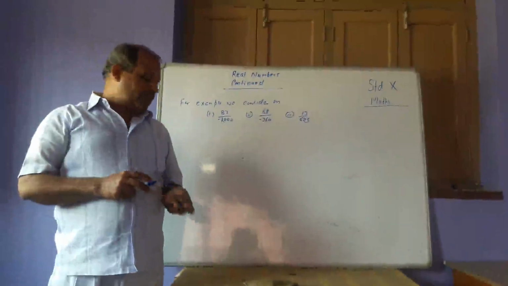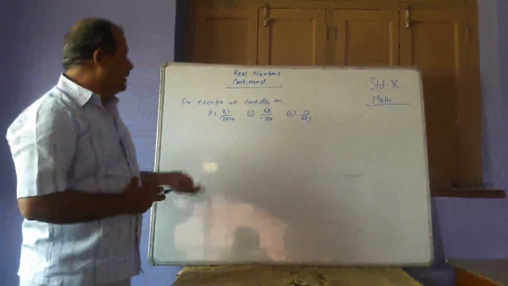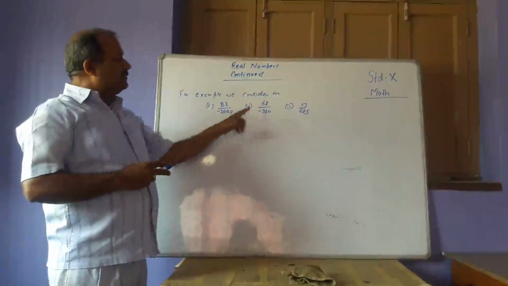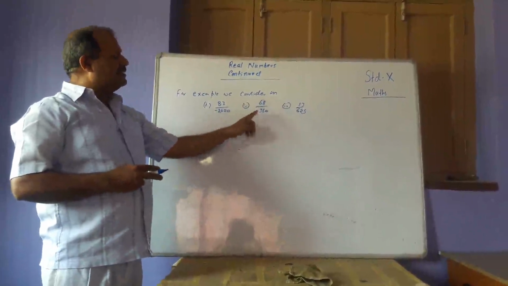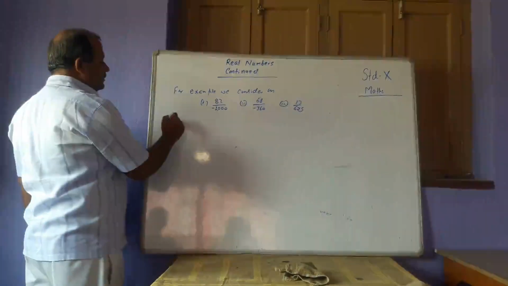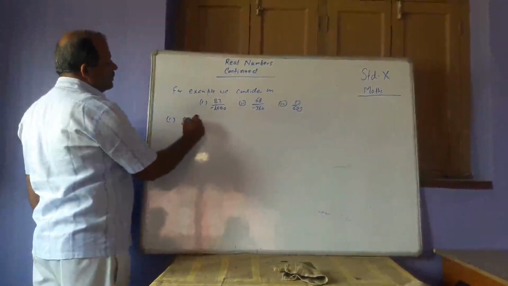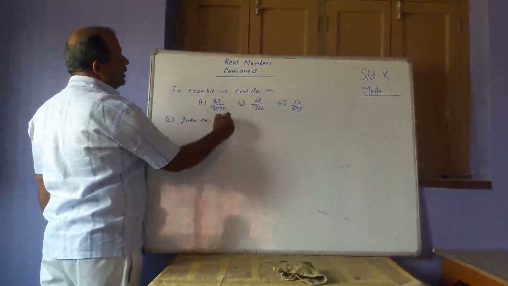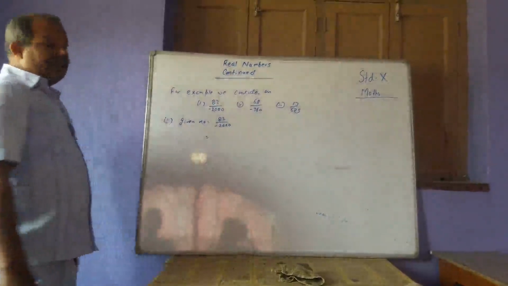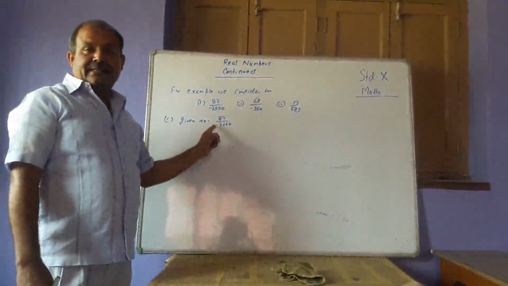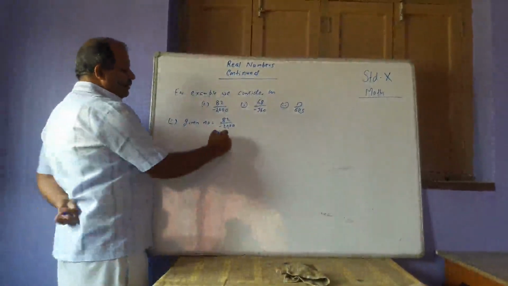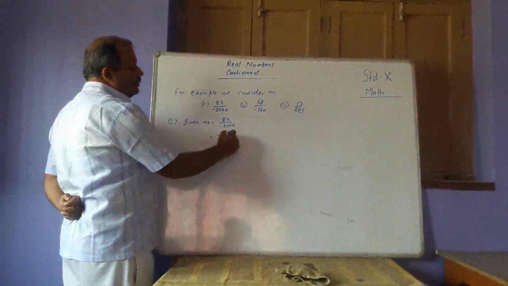Now we consider 3 examples: 82 by minus 2000, 68 by minus 360 and 13 by 625. See here, in the first, the given number is equal to 82 by minus 2000. In the simplest form of a rational number, the denominator should not be negative, and therefore this negative sign will be taken to the numerator.